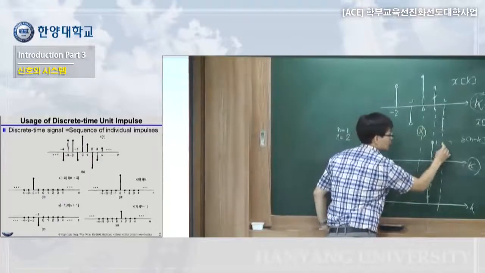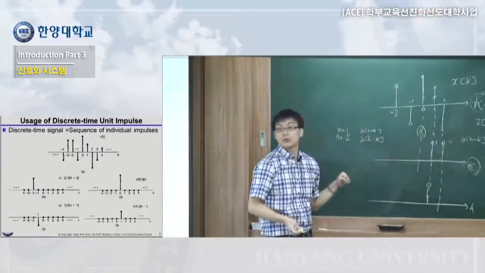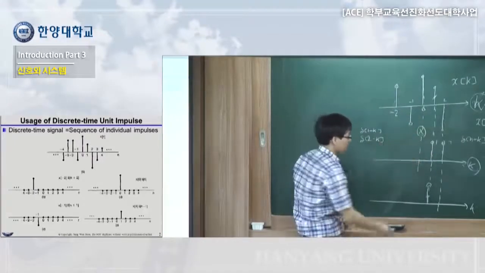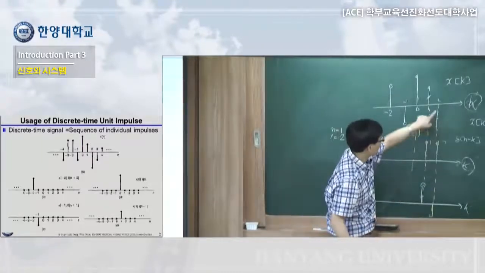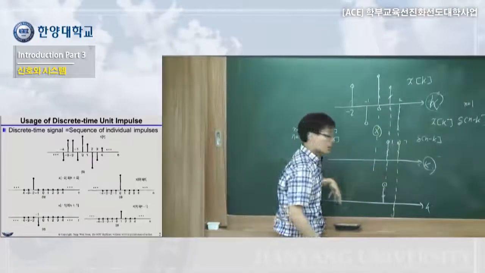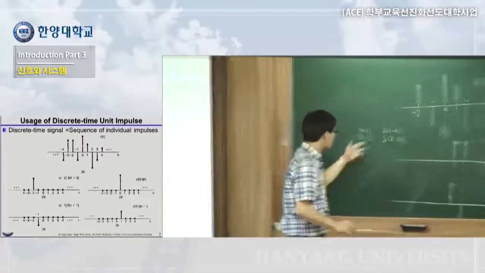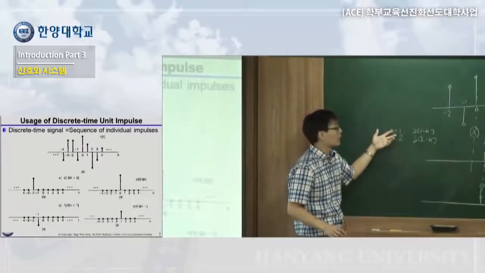Everything else is 0 except the point at 2. If you multiply them together, the output will be, sorry, too short, but this value will be the same as this value in here. Other than that, it's 0. So what you can see here is we can keep on changing this n to find the right value.